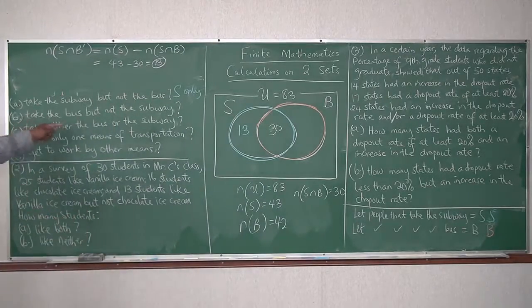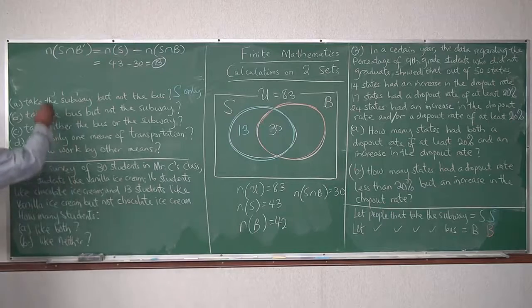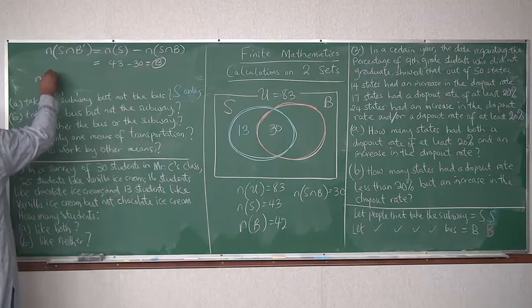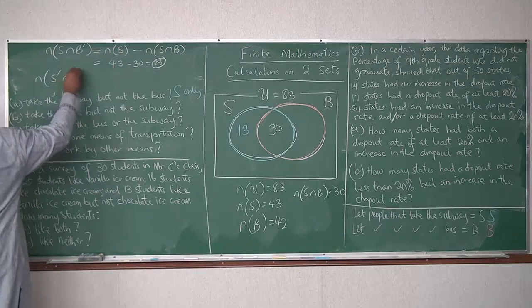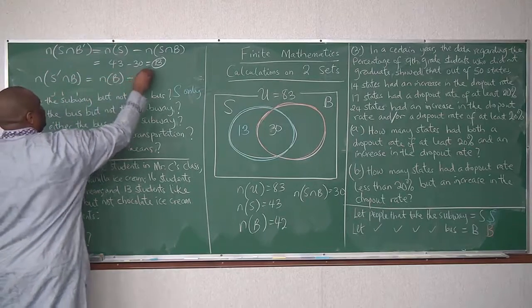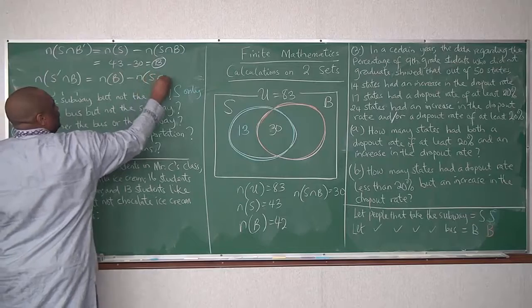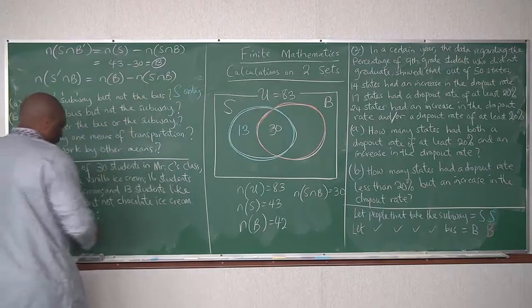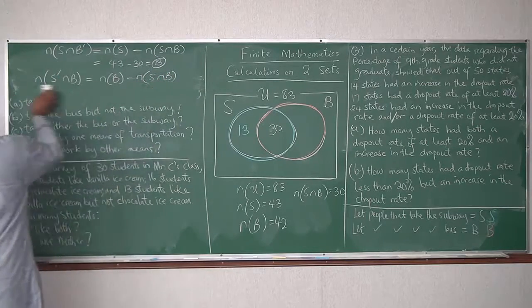Now, for those that take the bus but not the subway, that means bus only. Right? That will be cardinality of subway prime intersect bus. And that is cardinality of bus minus cardinality of subway intersect bus. Now that gives us what?